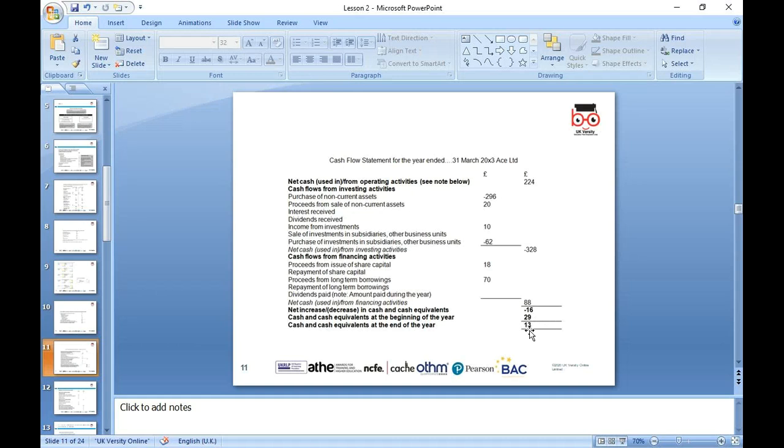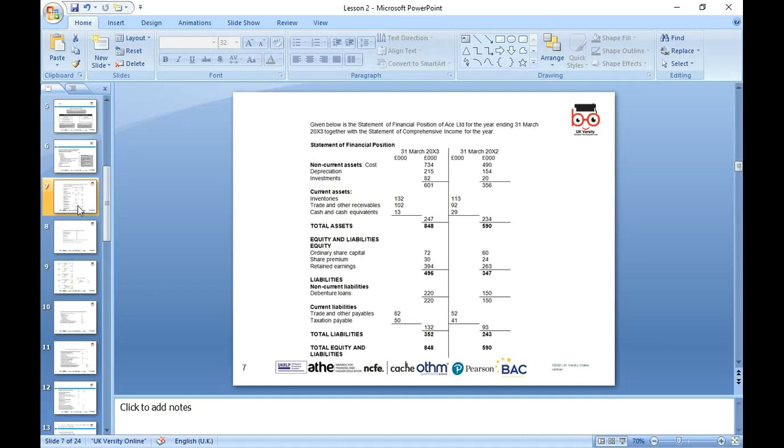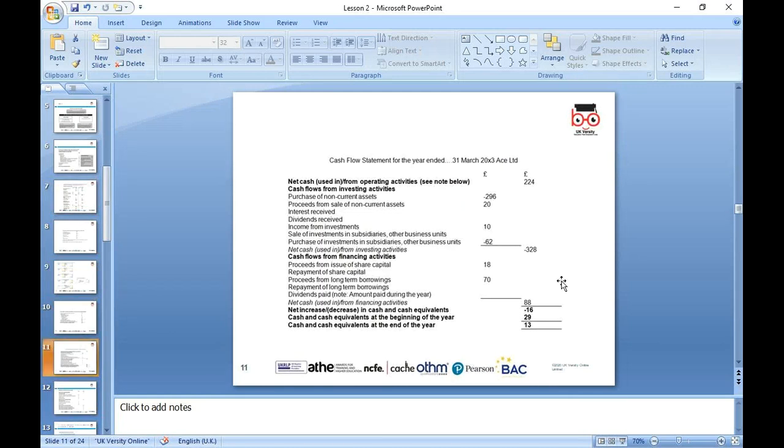If you look at this 13, your answer should be equal to the balance given in our statement of financial position, which is 13. So if this 13 and your cash flow balance match, yes, it means we are right and our question is 100% right.